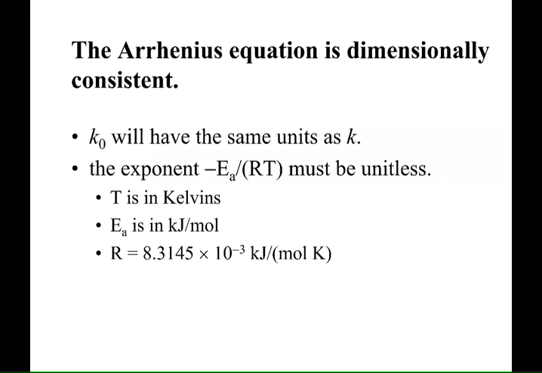So if we focus on this up here, I'm going to plug in those units just for kicks. We said Ea needs to be kilojoules per mole. And then R, with that value, will have units of kilojoules per mole Kelvin. I love making units cancel.